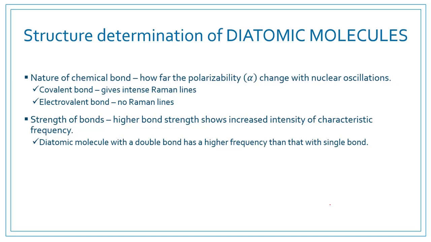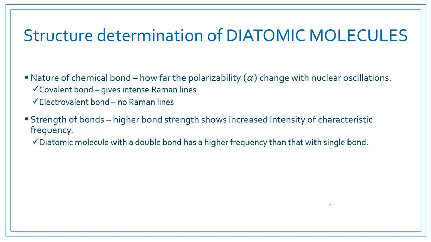Now let us see how structure determination is done for diatomic molecules using Raman spectra. For diatomic molecules, the chemical nature of the bond is actually evident from the Raman spectra. It shows how far the polarizability, alpha, changes with the nuclear oscillations.